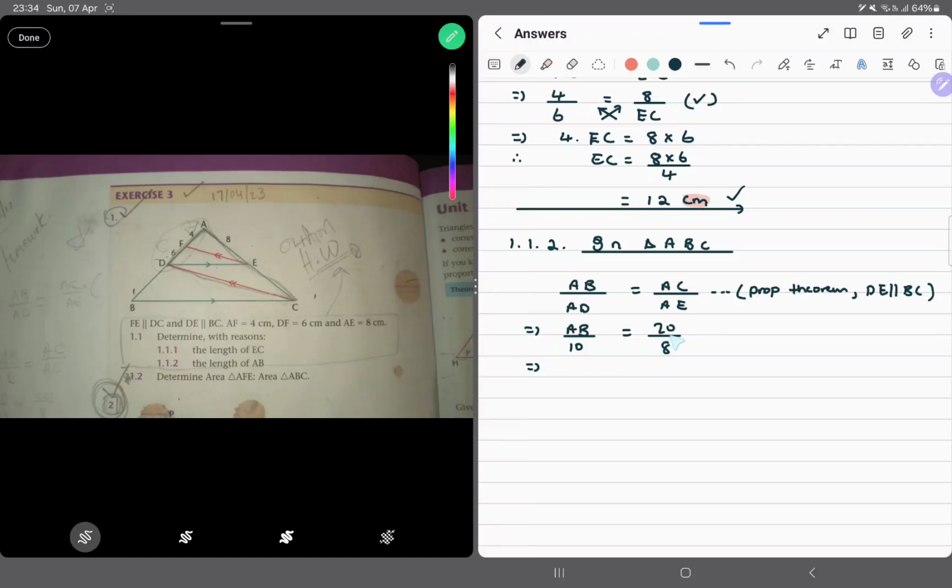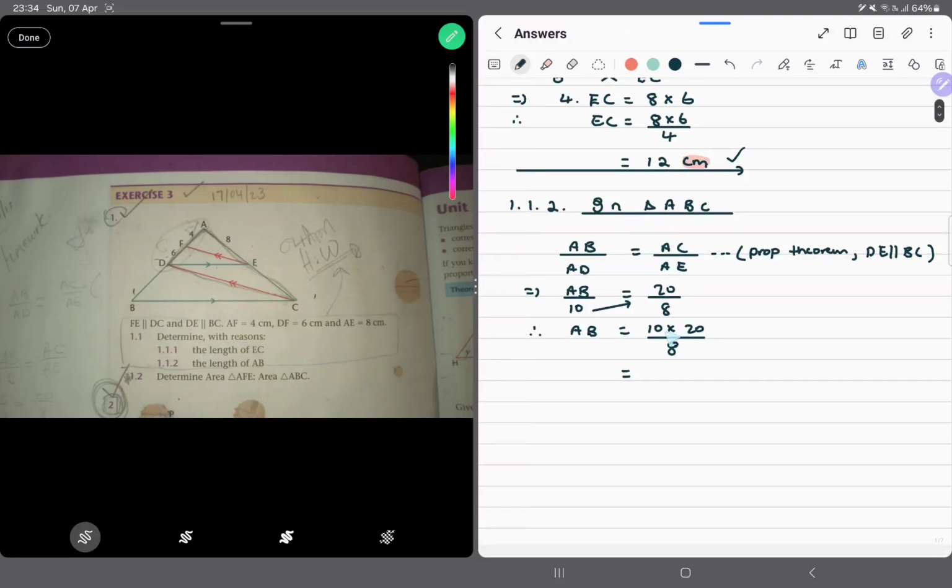We can simplify these things if we want, but I don't have the time, so I'm just going to cross multiply. So AB is going to be 10 times 20 over 8. And maybe I can even make that my conclusion.